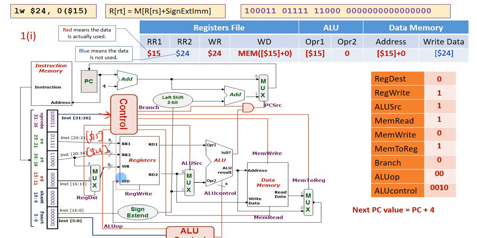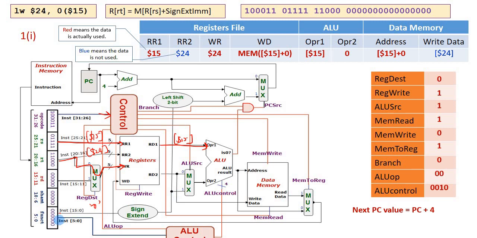But in this case, RR2 is not being used. In fact, the register destination here is going to be a 0, the RT bits here. Subsequently, I'm going to read from register 15, taking the data from register 15.